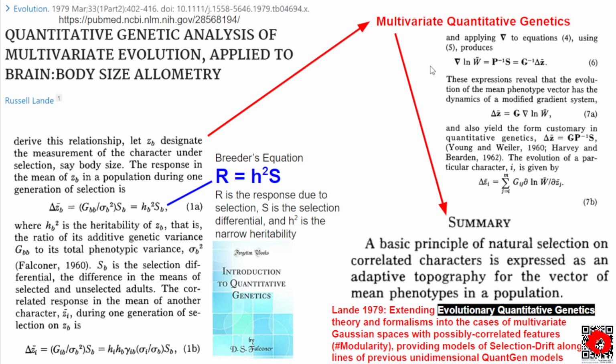As more traits were being included in models, there were models constructed that had the ability to take in arbitrary numbers of measurements of different kinds. And Lande's contribution was making that clearer or putting it on more rigorous ground.